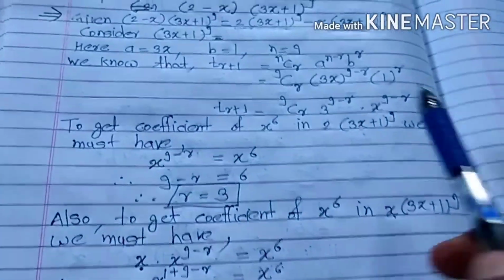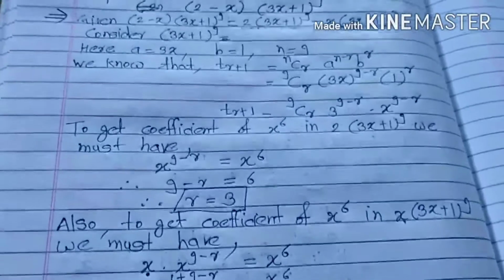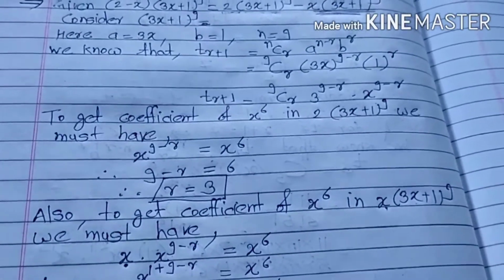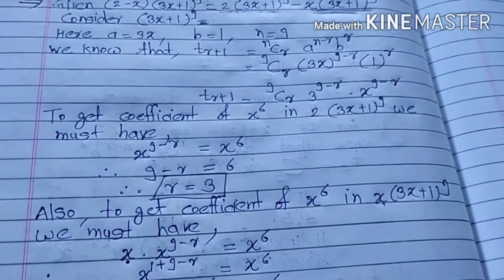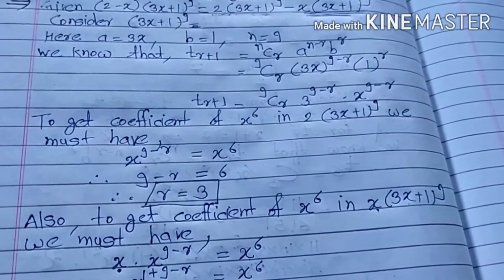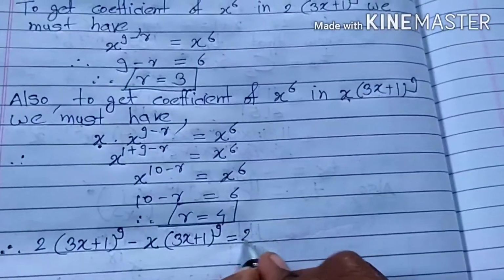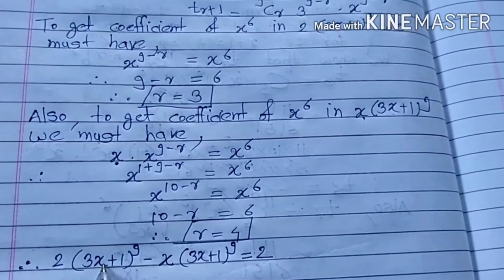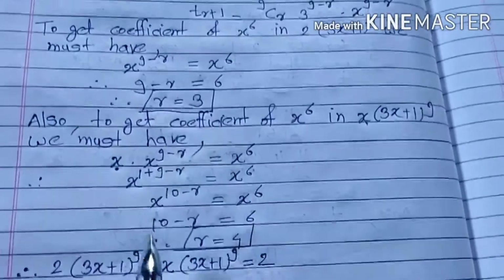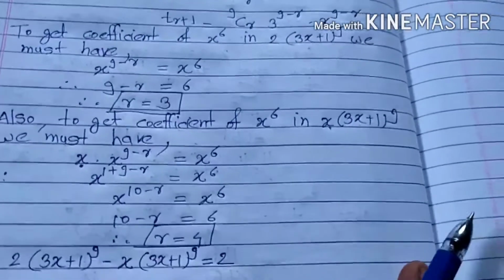Now take this subtraction. So therefore 2 into (3x plus 1) raised to 9 minus x (3x plus 1) raised to 9, which is equal to, now here multiply by 2, and in this expression we have r equal to 3, and in this expansion we have r equal to 4.